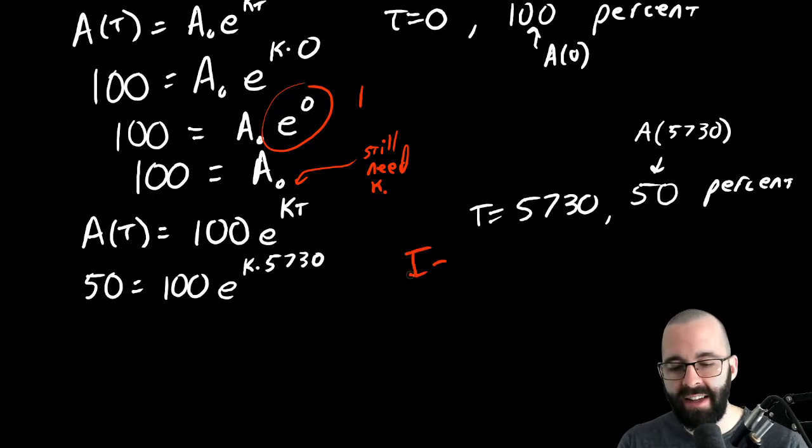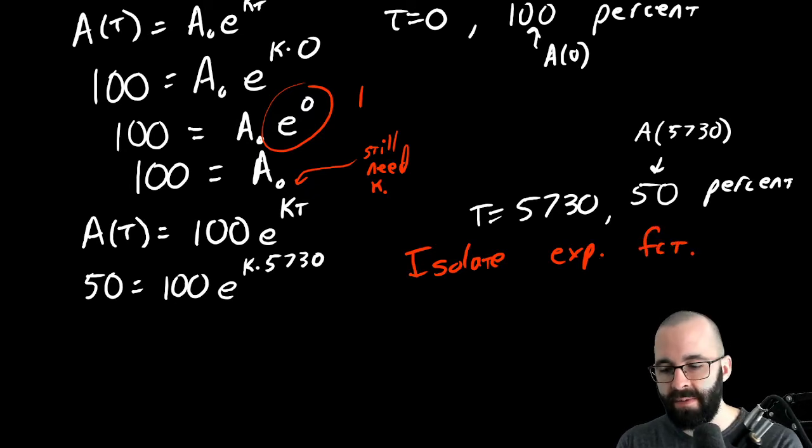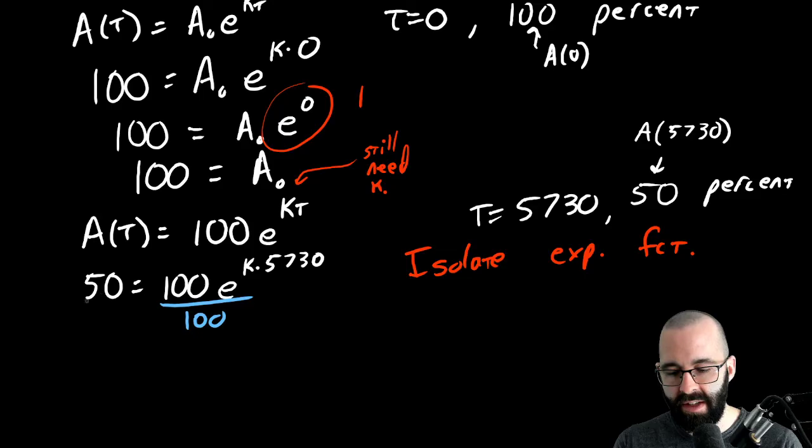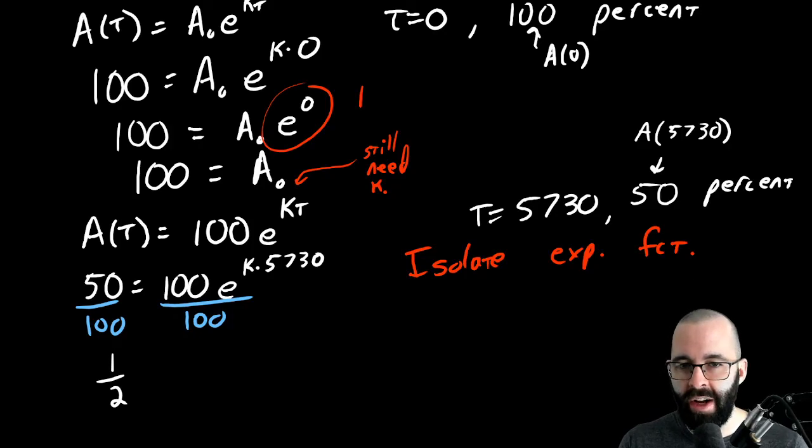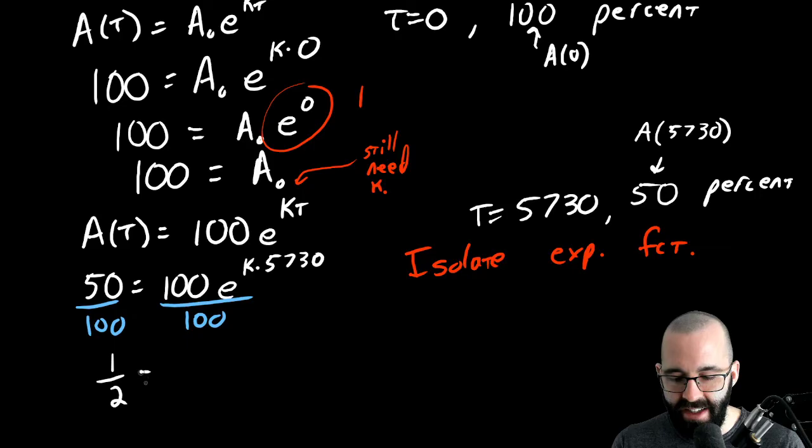We have to isolate the exponential function. So to do that, we're going to divide both sides by 100. 50 over 100 is 1/2. That's not a coincidence. And that's going to equal just e to the 5730k.